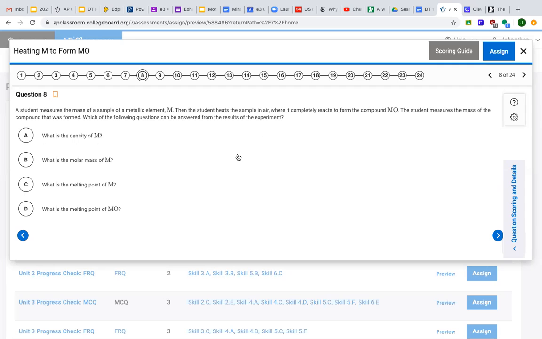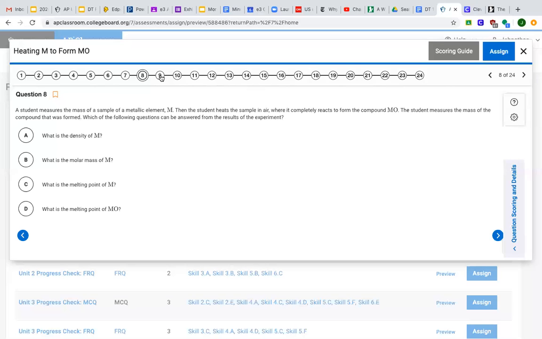So this many moles of oxygen were added, and now I can use that to calculate the molar mass of M because there's a 1-to-1 molar ratio. So I've got exactly as many moles of oxygen as I do of M. And so I can divide the mass of M that I already have by the number of moles of M, which equals the number of moles of O, and get the molar mass of M. Okay, all good on that?